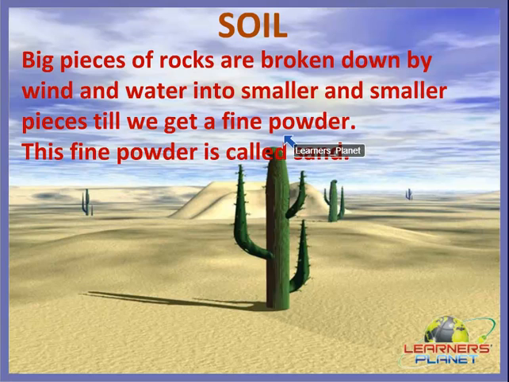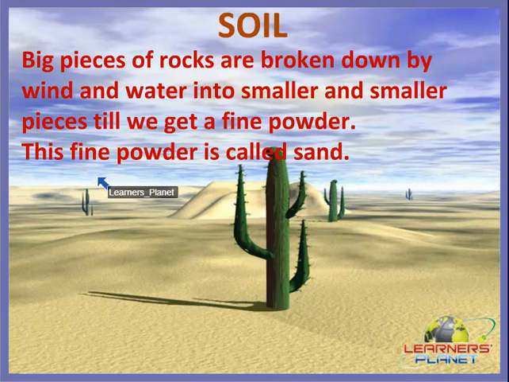The big pieces of rocks are first broken down into smaller and smaller pieces. How do they break down into smaller pieces? They break down through wind and water, till we get a fine powder.